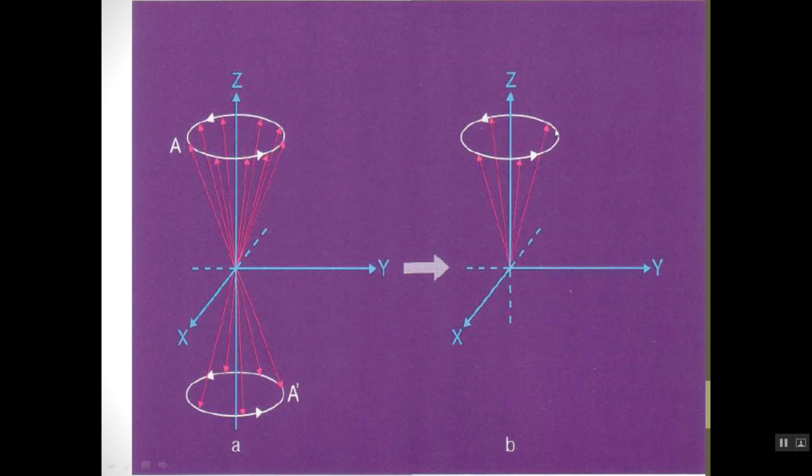But how can I discriminate between the magnetic moment, or the magnetic force, coming from the protons and the magnetization coming from the main magnetic field?